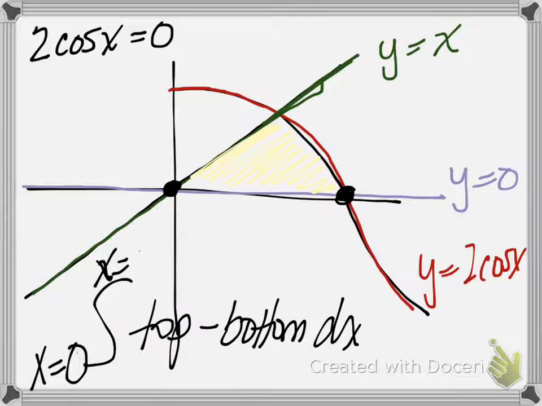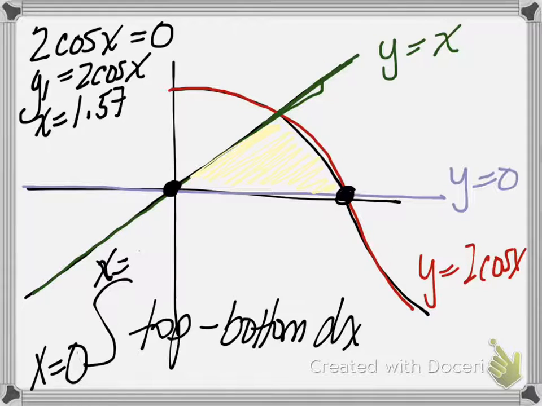So you're going to go into your calculator, and it's already set equal to 0. Under your y1, you're going to put in 2 cosine x. And then you're going to go into second calc, and then choose 0, because you're interested in when it equals 0. And you're going to find that it will equal 0 when x equals 1.57, which you may or may not recognize is actually half of pi.